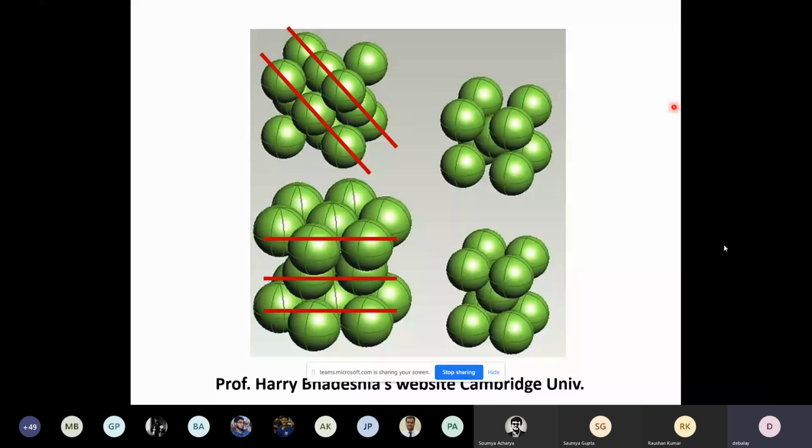So in the last class, we showed the way atoms are arranged in different crystal structures. And I asked you not to see the FCC crystal arrangement in the form of a cubic unit cell, but in the form of atom layers.